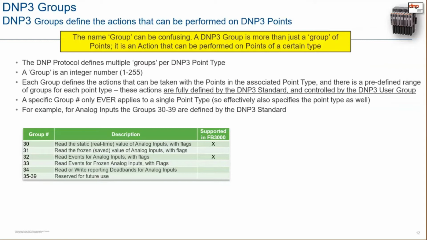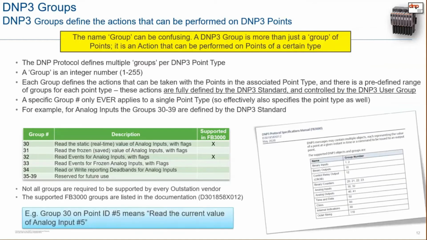It isn't necessary for an outstation to support all of the actions, all of the groups, but you must define the ones you do support, and we'll have a slide on that later. All of the groups we support are documented in our product manuals. In fact, in the protocol specification manual, I've included a screen capture there, and you can see them listed.